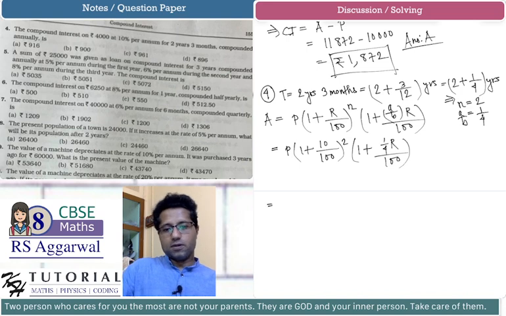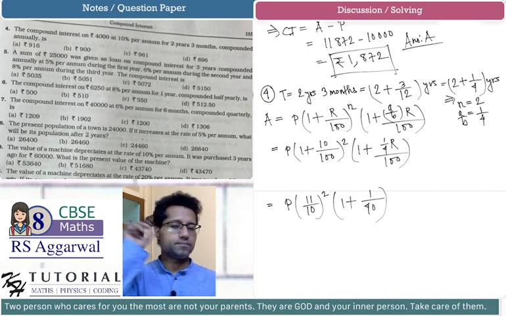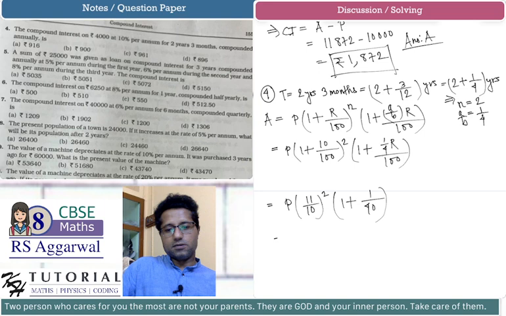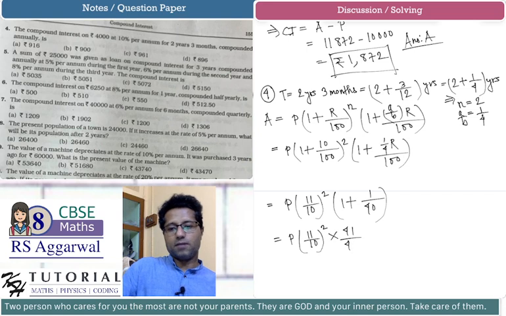So this is equal to P multiplied by 10 by 100 is 1 by 10, and 1 plus 1 by 10 is 11 by 10 square, and over here we have 1 plus R is 10, so this is 1 by 40. This is equal to P multiplied by 11 by 10 whole square multiplied by 41 by 40.